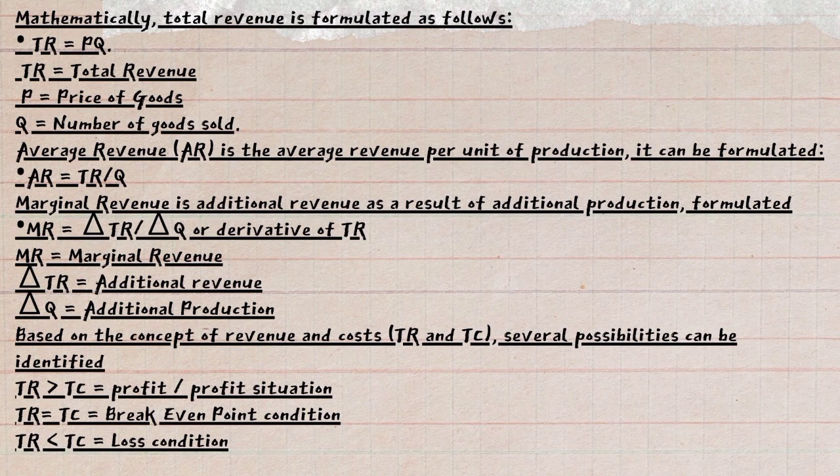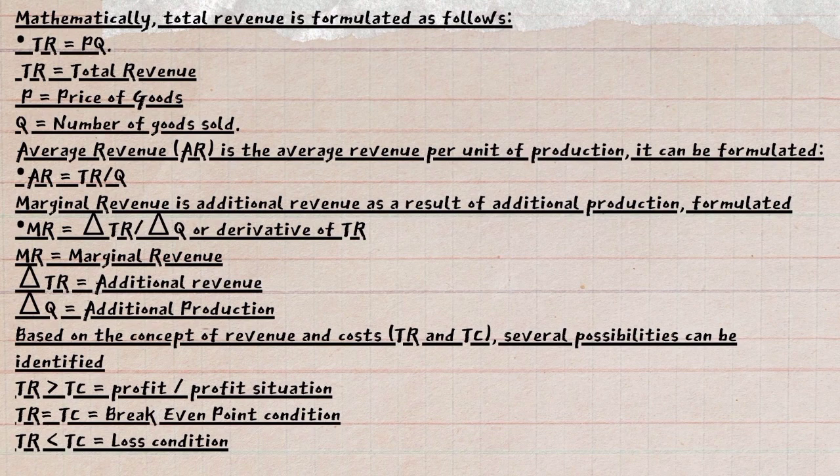Average revenue or AR is the average revenue per unit of production. It can be formulated AR is TR divided by K. Marginal revenue is additional revenue as a result of additional production.